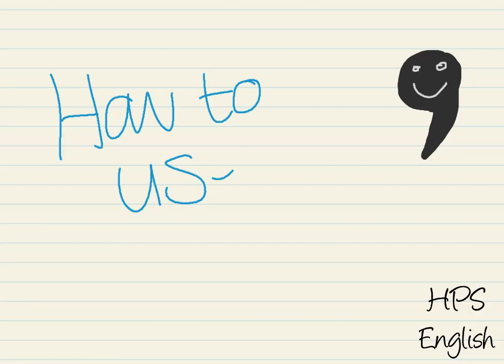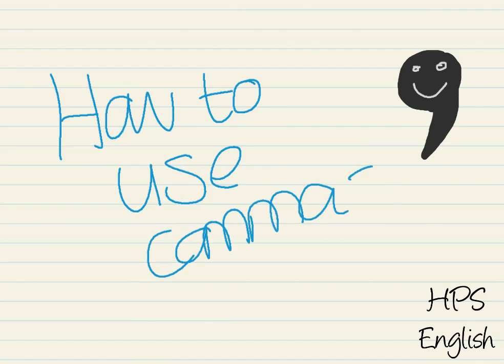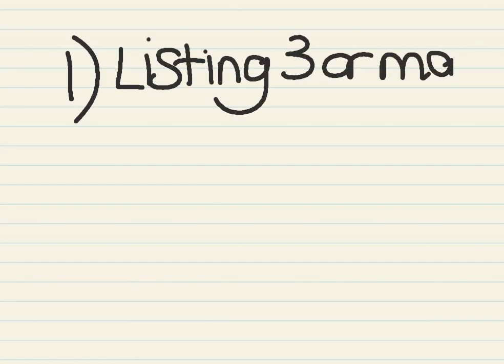To use commas. We're going to start with the first way, which is listing three or more items.